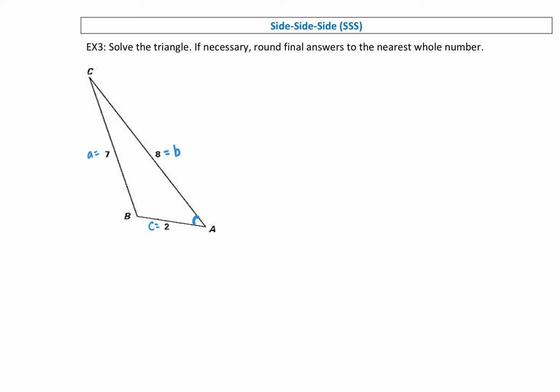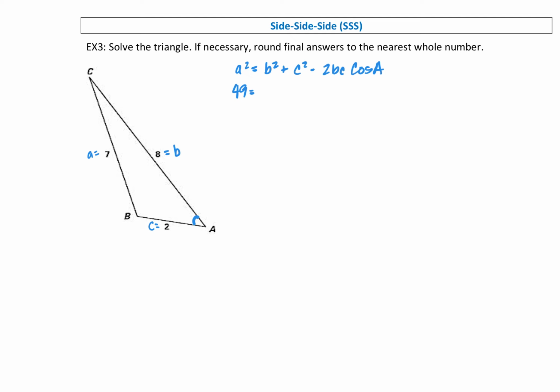And since I'm choosing to find angle A first, I'm going to use the first formula, A squared equal to B squared plus C squared minus 2BC, and I'm trying to find cosine of A. You could have found any angle first, it doesn't really matter. A is 7, so I'm just going to put 7 squared as 49 right away. B is 8, and C is 2.